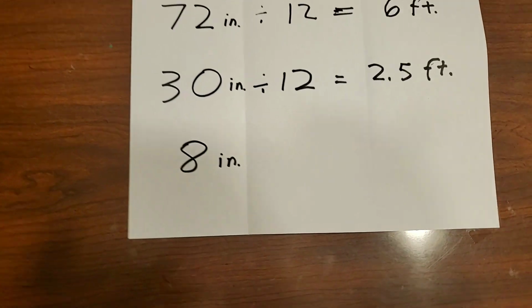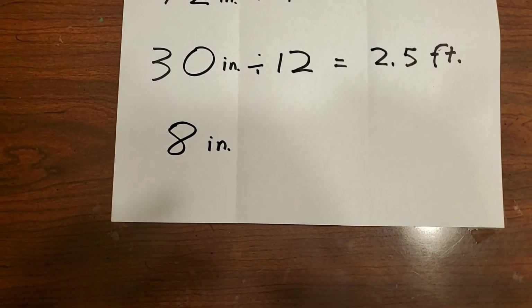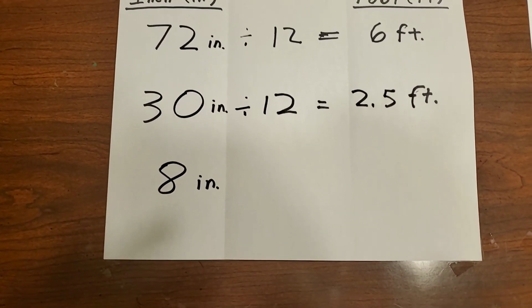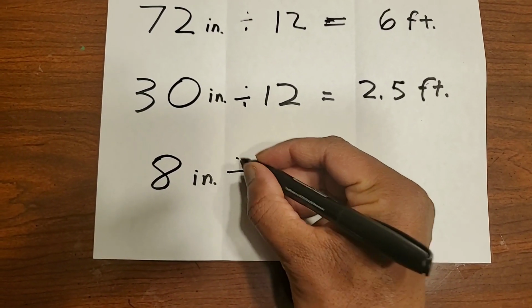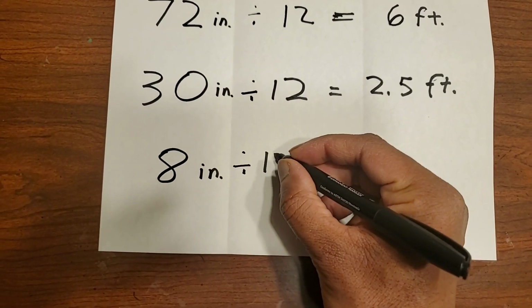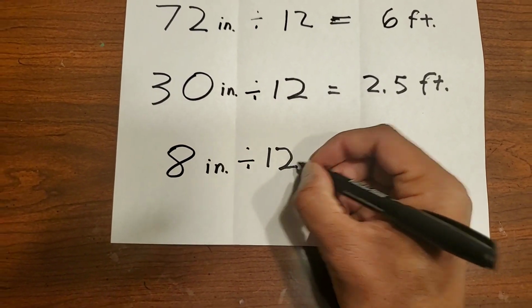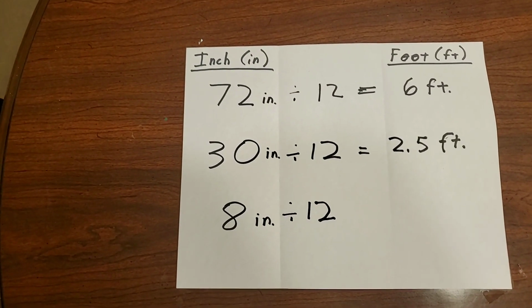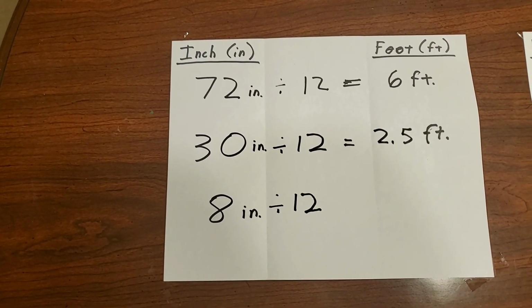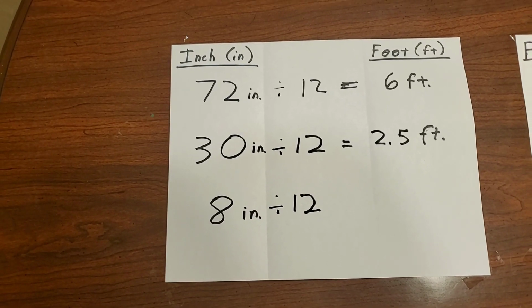Now we have 8 inches. That's smaller than a foot, and that's okay. 8 inches divided by 12. So for this one, we're not going to have a whole foot. What's 8 divided by 12?